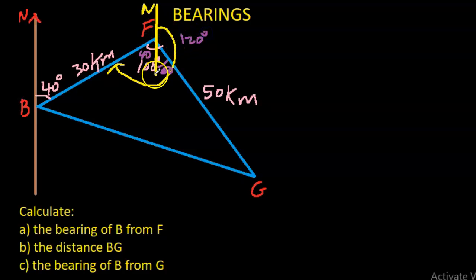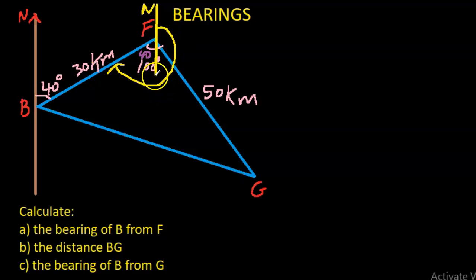So from here, let's extend this line. Here to here is 180 and then the 40. So I guess we didn't need the others. So this is 40, hence this alternate angle will be 40.